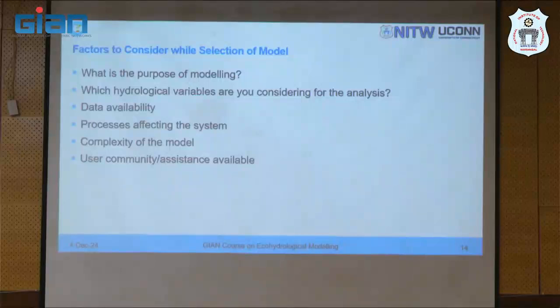You should never believe the output you are getting is the absolute truth. There is a lot of uncertainty, a lot of simplification happening, and we should know that, and that should get reflected in our analysis of results, okay?